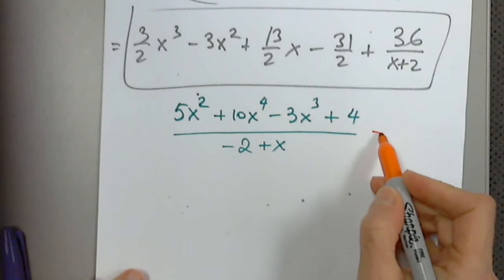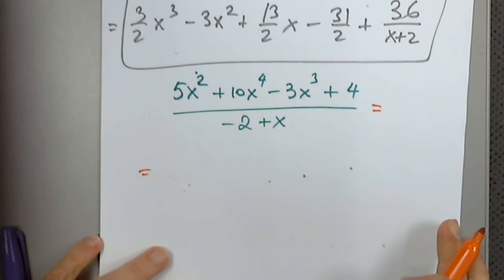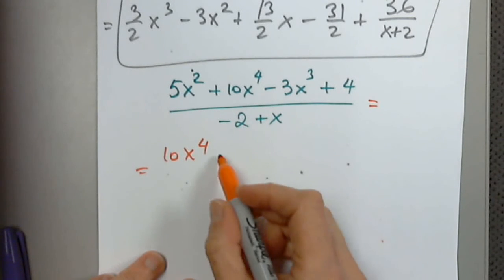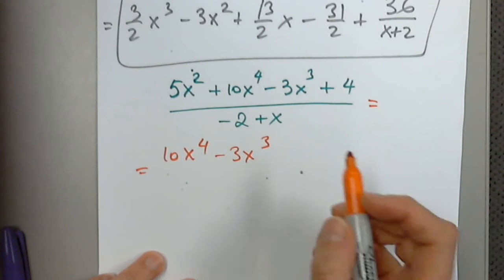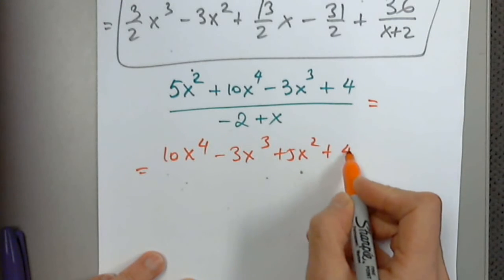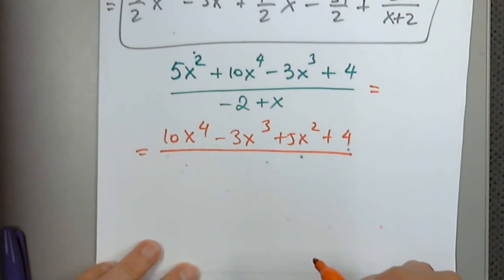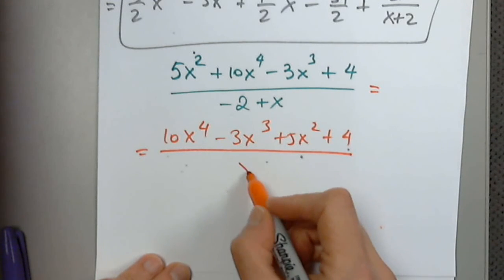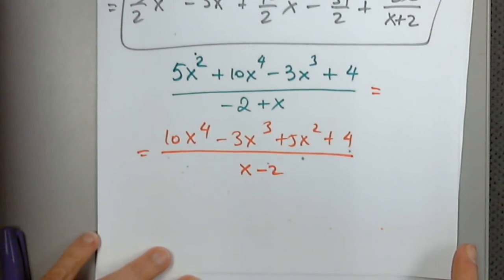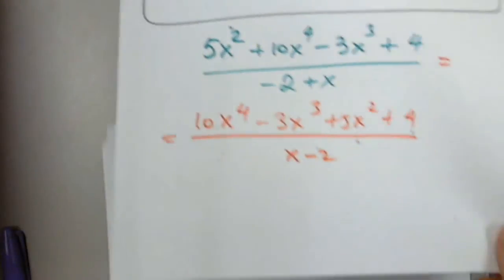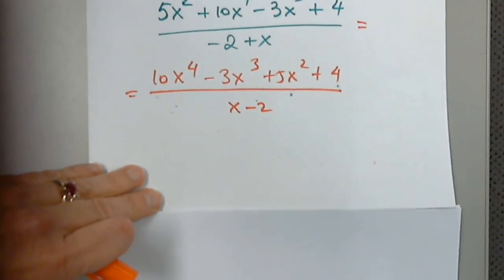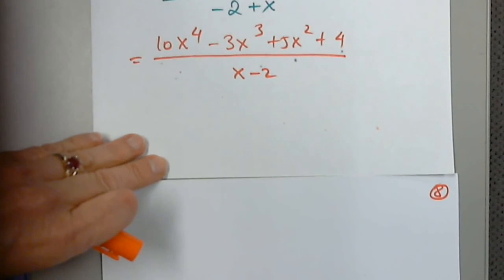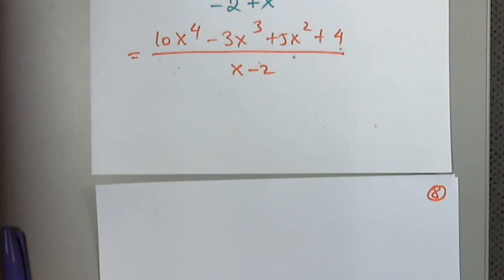Yes, so let's arrange it. Let's dictate. 10x to the 4th indeed. Minus 3x cubed. Very good. And plus 4, and the denominator, x plus 2. Very good, awesome. Let's start with which one? Which of the two you want to do first? Long division, very good.